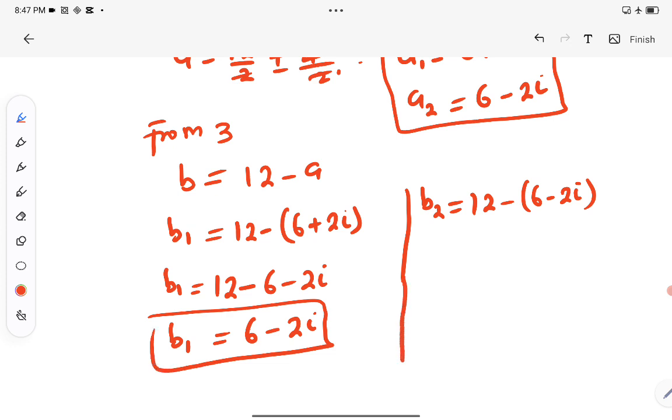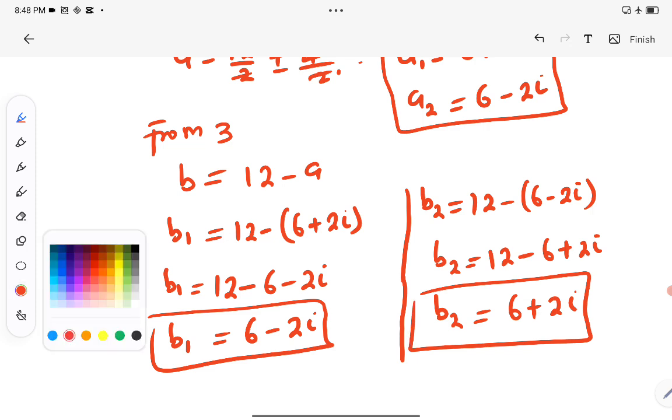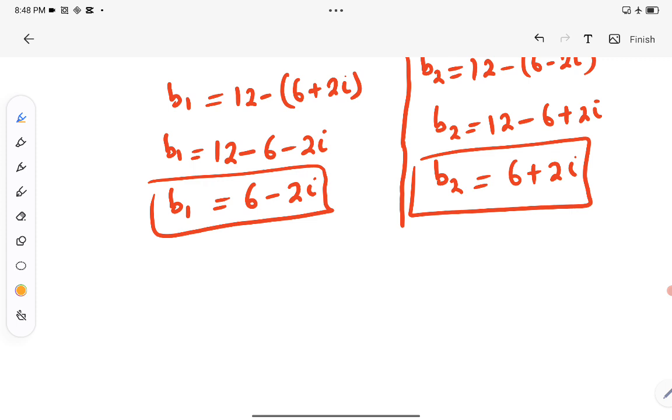Also B2 is equal to 12 minus 6 plus 2I. B2 is equal to 6 plus 2I. This is the value of B2. Therefore, our final answer are A1, B1 is equal to 6 plus 2I, 6 minus 2I.